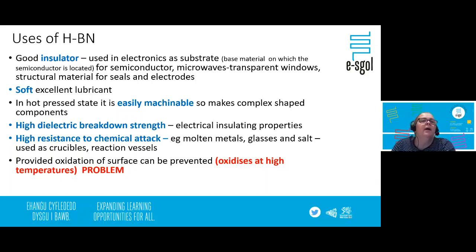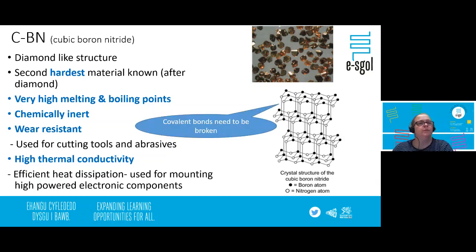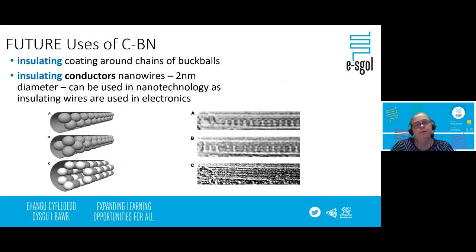Cubic then is diamond-like in structure, so it looks very similar to diamond. It's the second hardest material known after diamond, in fact. It's got a very high melting and boiling point due to those strong intramolecular forces. It's chemically inert, it's wear resistant, hence it's the second hardest material known, and it's got extremely high thermal conductivity. So what are we doing with the cubic form of boron nitride?